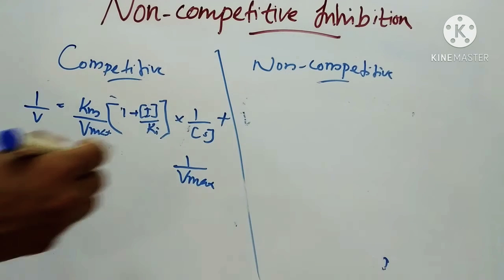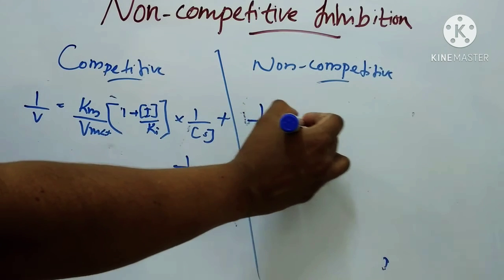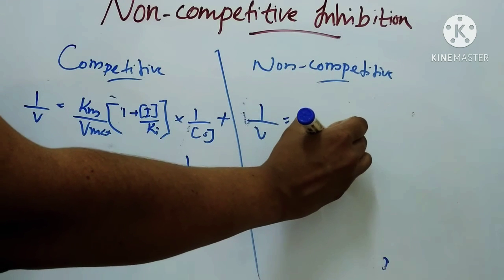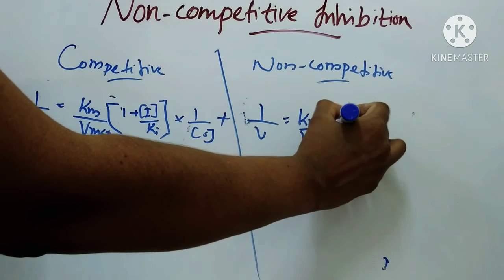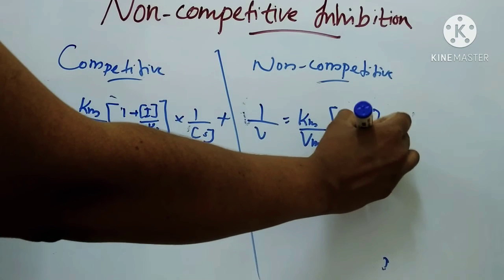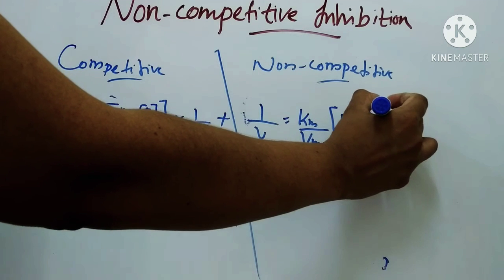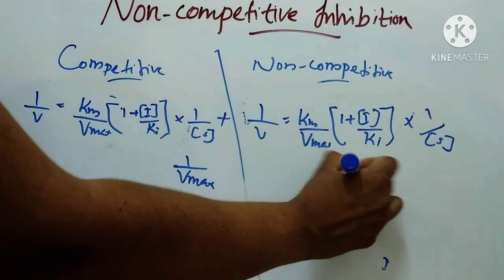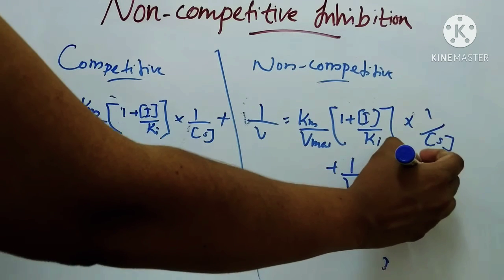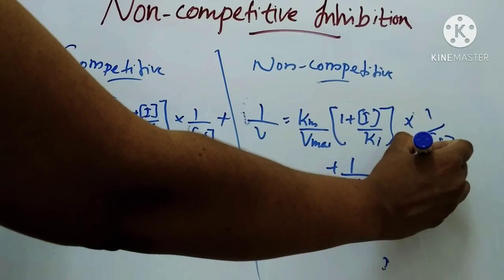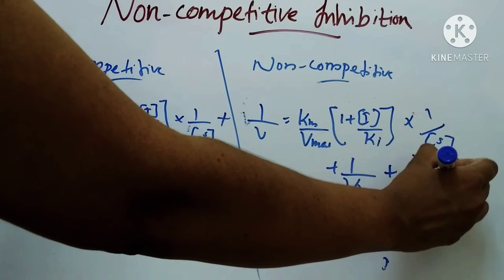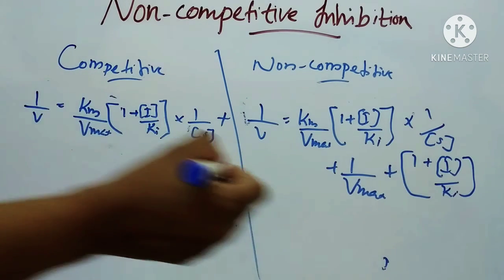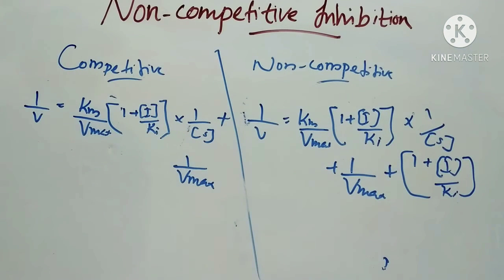In non-competitive inhibition, 1 by V equals Km by Vmax times (1 plus I by Ki) times 1 by S plus 1 by Vmax times (1 plus I by Ki). So this is the Lineweaver-Burk plot in both cases.